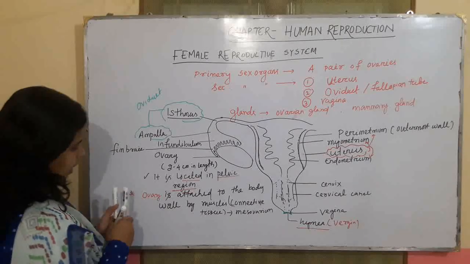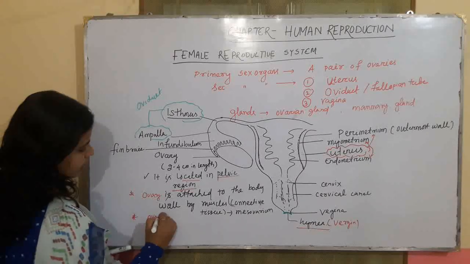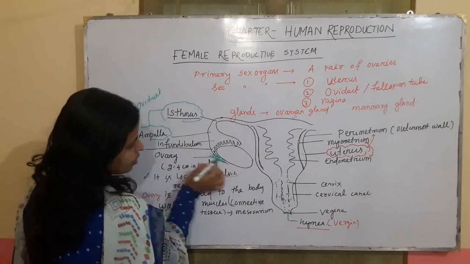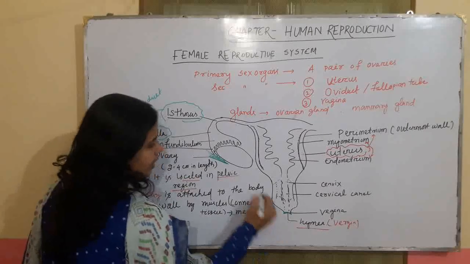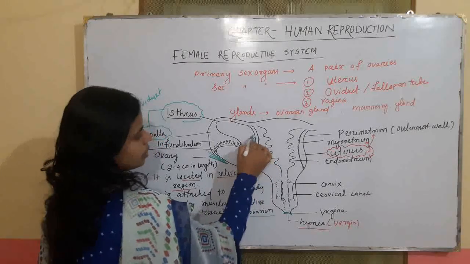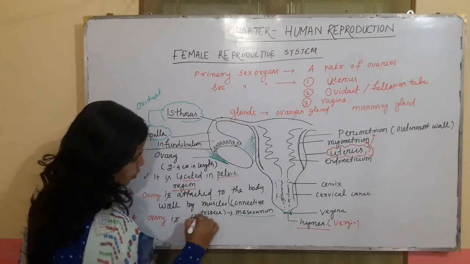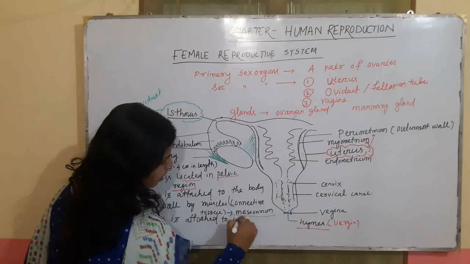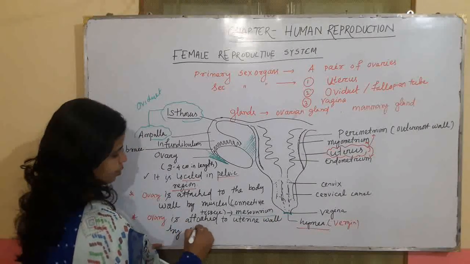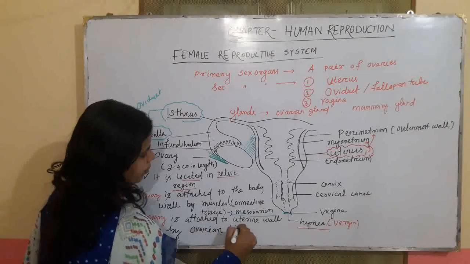Simultaneously, the ovary is attached to the body wall, which is called the mesovarium, and it is also attached to the uterine wall. The ovary is attached to the uterine wall by muscles or connective tissue called the ovarian ligaments.